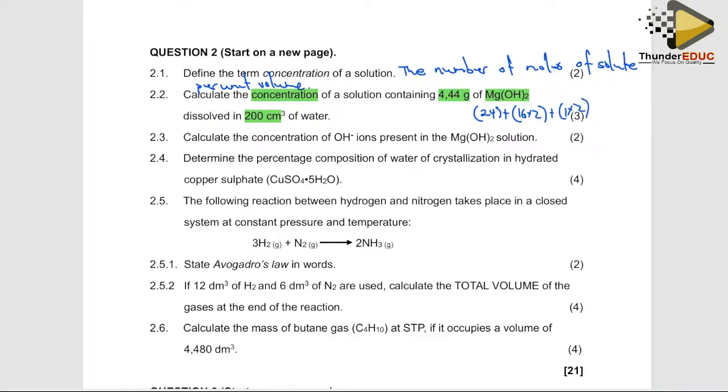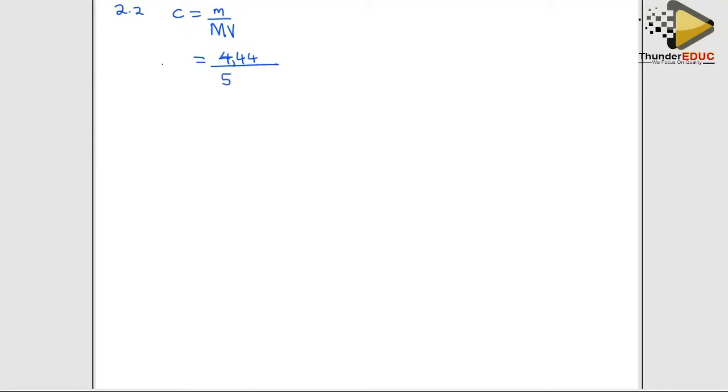If we do our math, this is 32 plus 24 plus 2, so we get a value of 58 for the molar mass of magnesium hydroxide. Then multiplied by the volume, right?